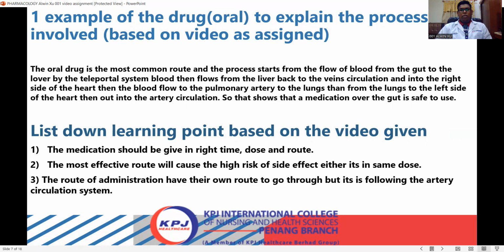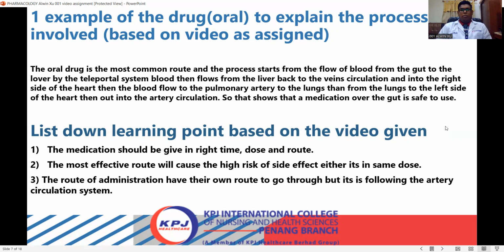Then the blood flows through the pulmonary artery to the lungs, then from the lungs to the left side of the heart, then out into the arterial circulation. So that shows that medication taken over the gut is safe.